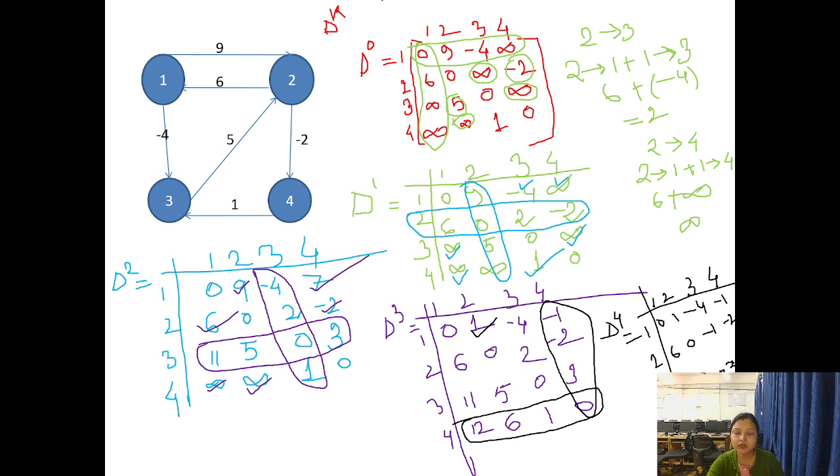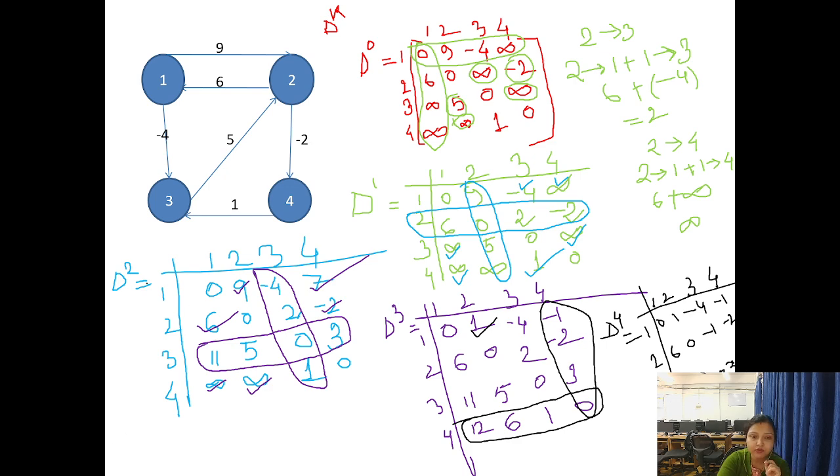Okay, so in this way you can see we got 4 tables for the 4 nodes. So now you can see the initial one was D0. That means in the initial table all the direct paths were there, right, and if there is no direct path then it is infinity simply. Now from D1, if we consider node number 1 as the via node, then we will get these shortest distances between every pair of vertices.